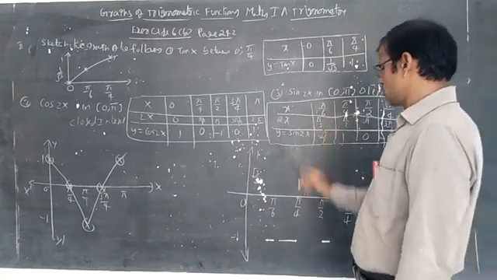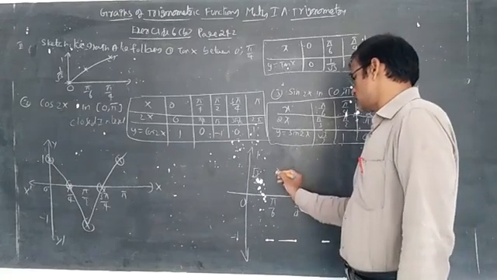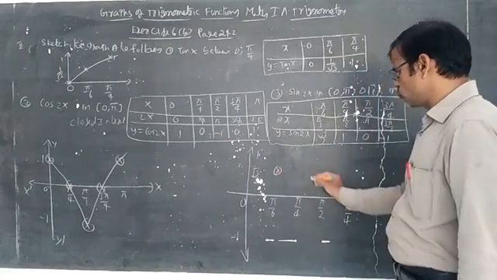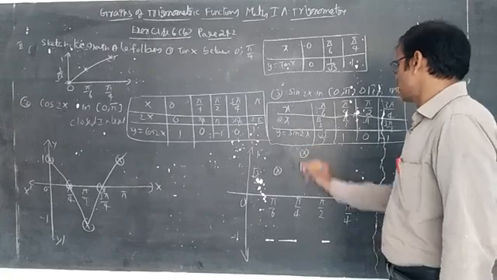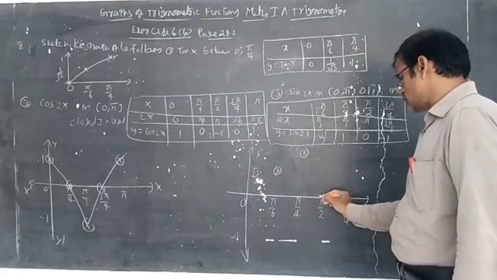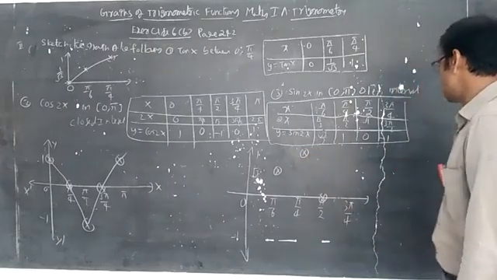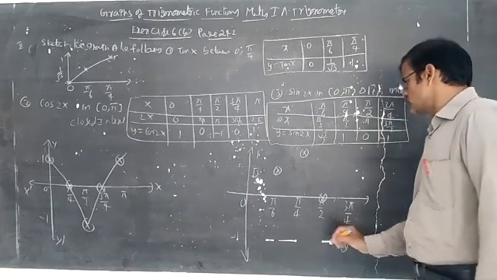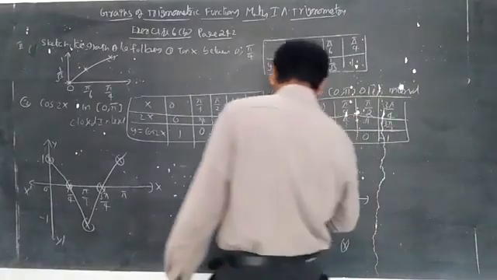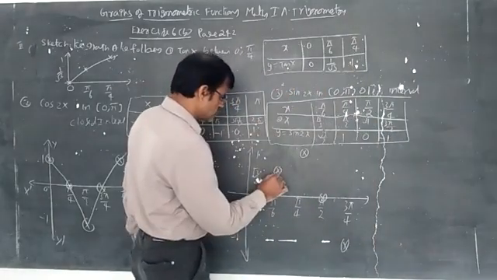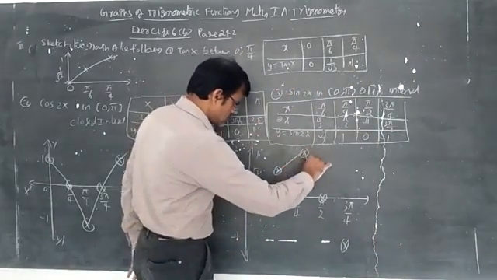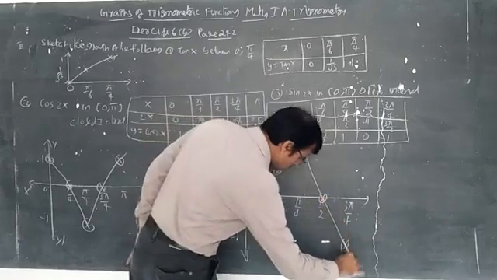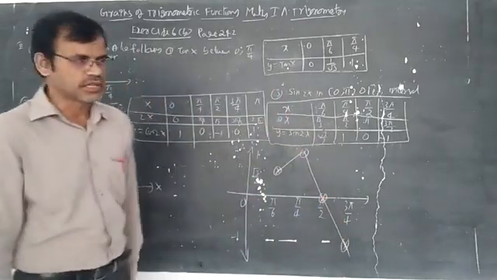Indicate that at pi by 6 root 3 by 2 is there, at pi by 4 1 is there, at pi by 2 it is 0, and at 3 pi by 4 it is minus 1. So draw like this with free hand. Don't join at 0, students.